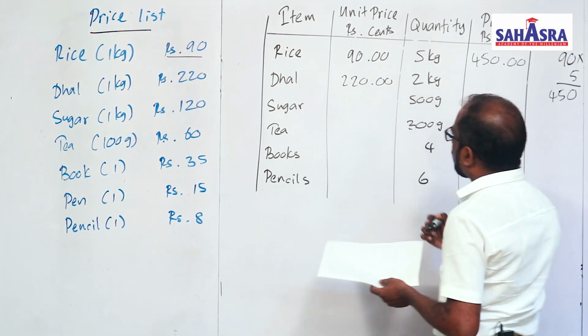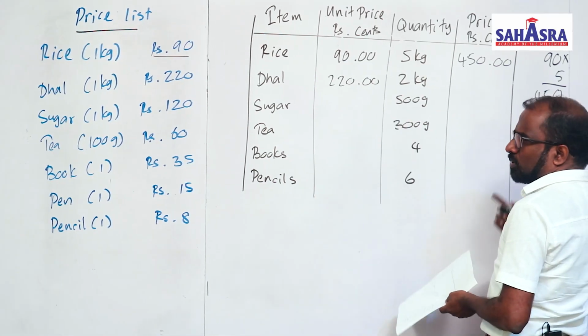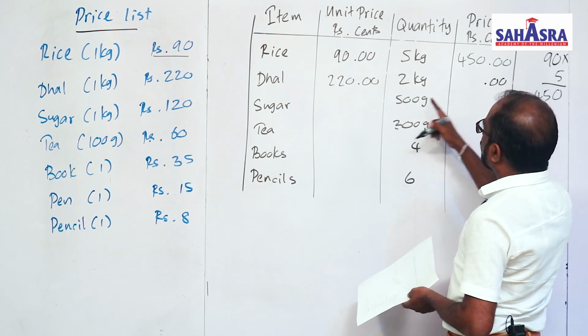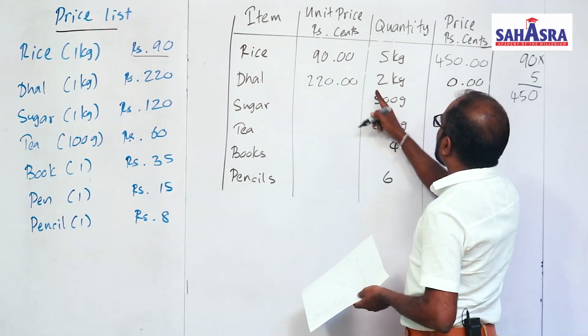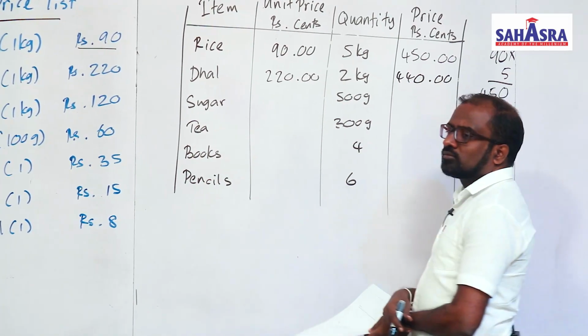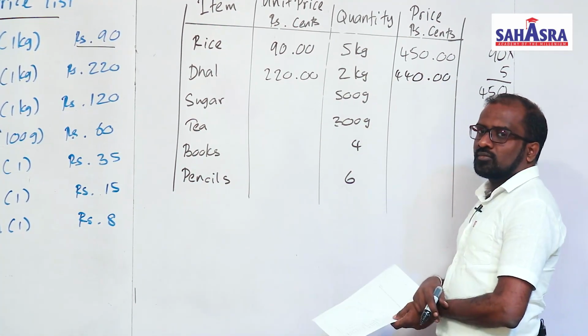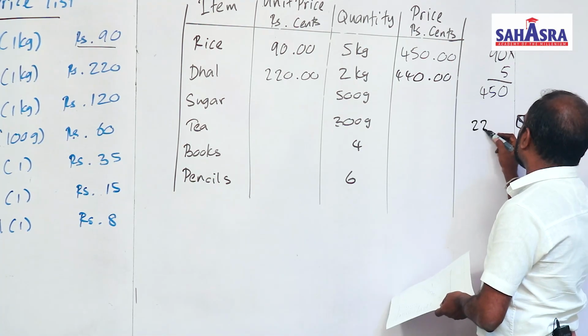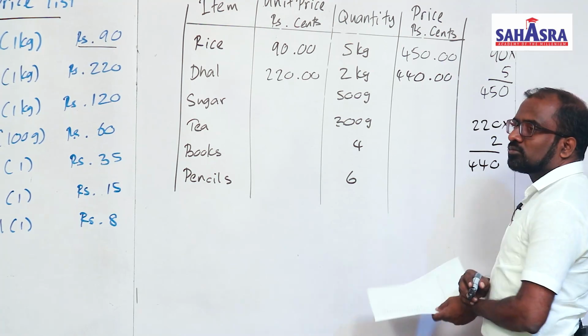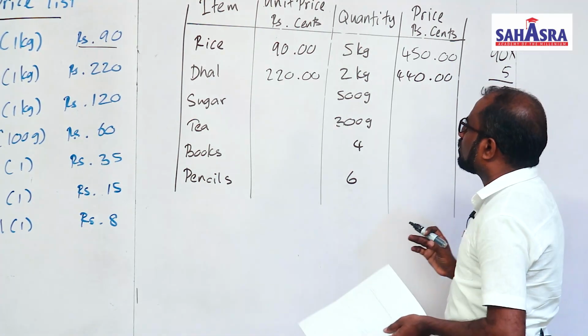Now for 2 kilograms, multiply. 2 times 0, 0, 2 times 2, 4, 2 times 2, 4. That's it. You can multiply there itself. 220 multiplied by 2. Right? Doing the sum correctly is the most important thing.